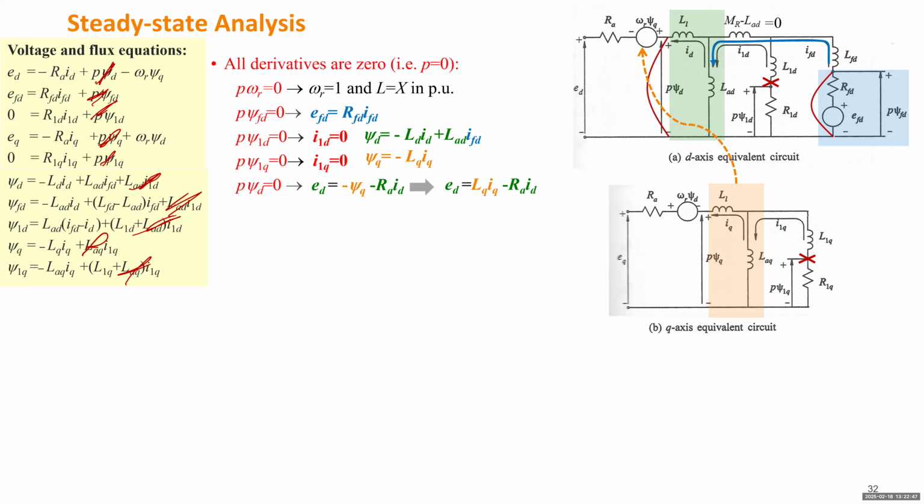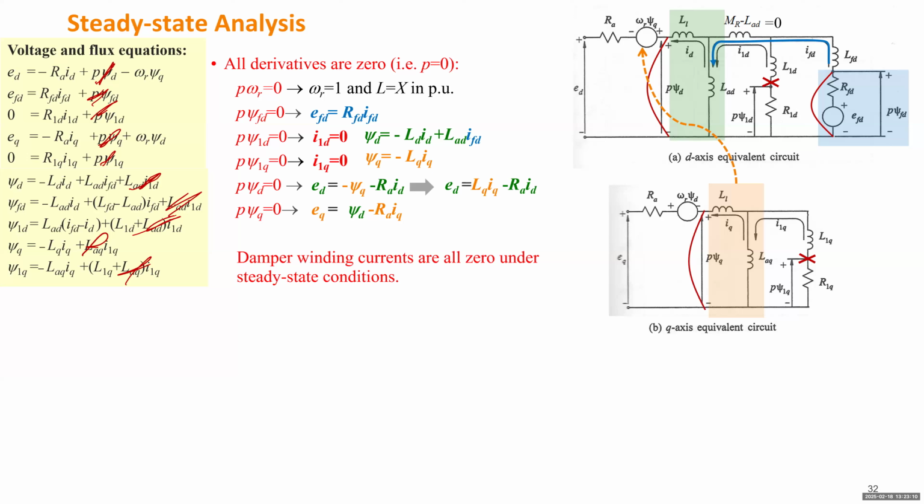And this voltage is caused by this branch. Because this orange branch generates the flux linkage in the Q axis. And this flux linkage multiplied by omega r will become the source in the stator winding of the D axis.